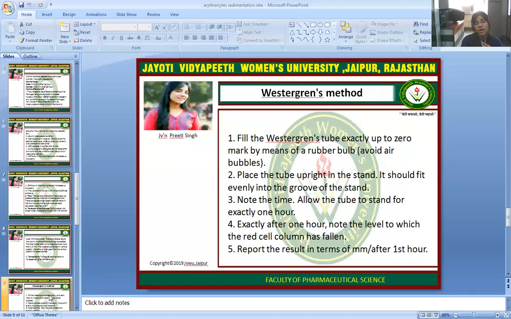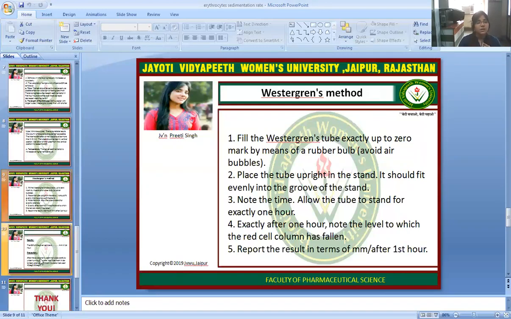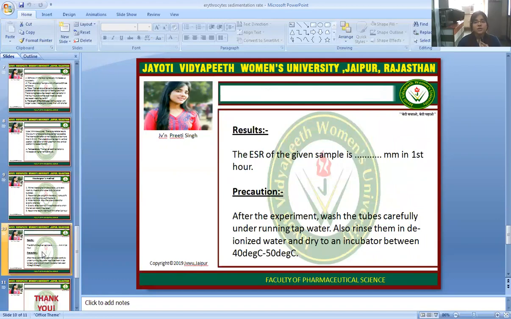Exactly after 1 hour, note the level to which the red cell column has fallen. Report the result in mm after the first hour. The result is declared in this manner: the ESR of the given sample is __ mm in the first hour.